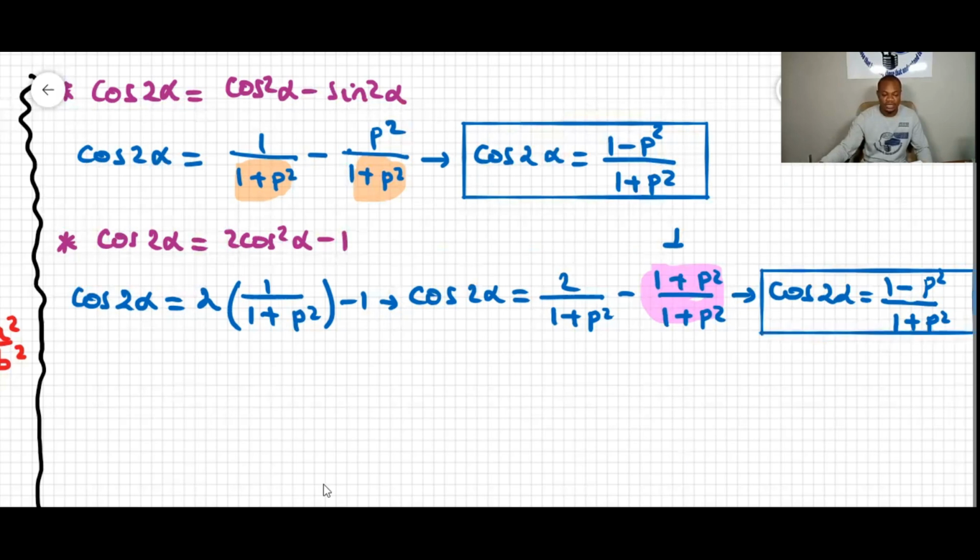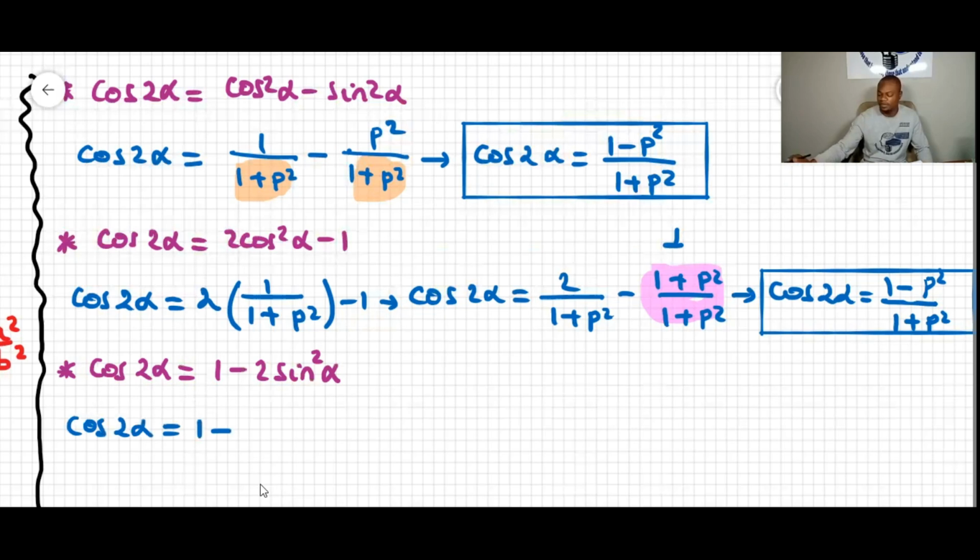Similarly, we can also use the other formula, cos 2 alpha equals 1 minus 2 sine squared alpha. It will end up the same thing. So cos of 2 alpha will be 1 minus 2 times sine squared alpha.